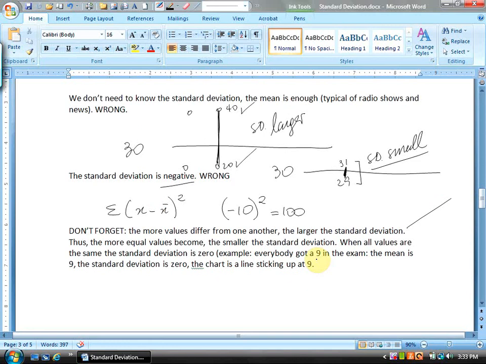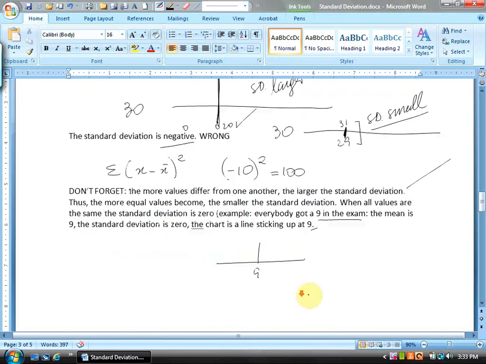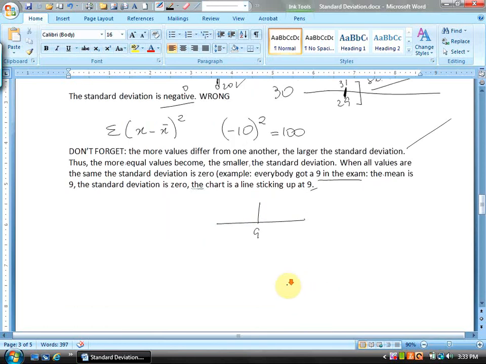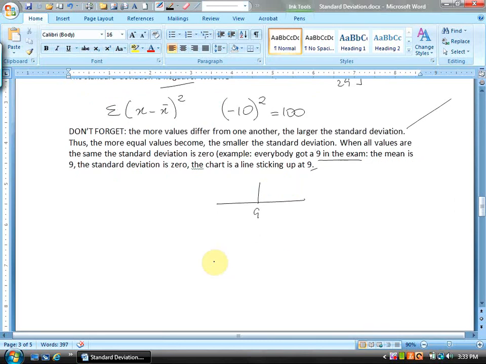So let's say everybody got a 9 in the exam. Standard deviation is 0, the mean is 9. And the chart is this. That's it. Now, for the same example, let's say most people got a 9 and a few people got a little more than a 9 or a little less than a 9. The chart is this. Very skinny. This is a small standard deviation.